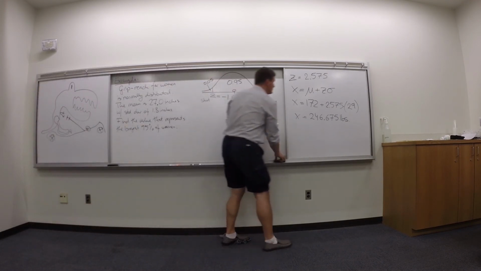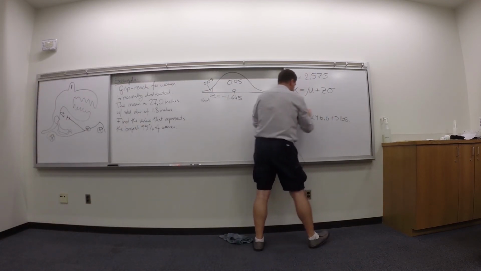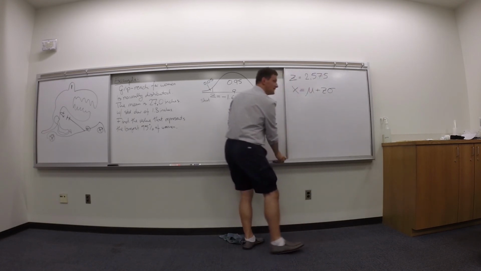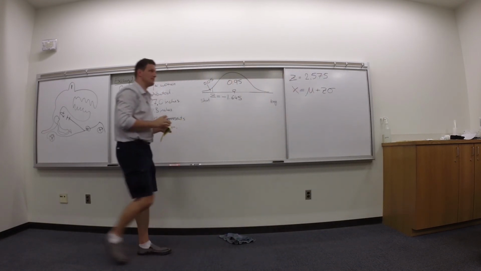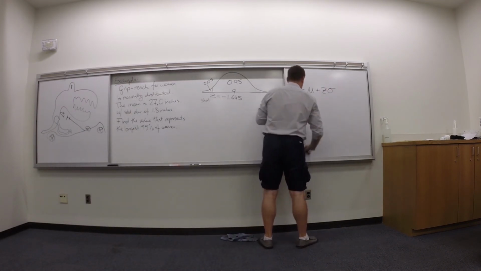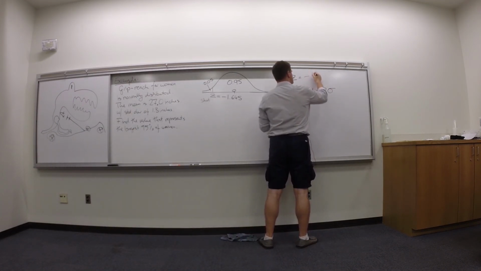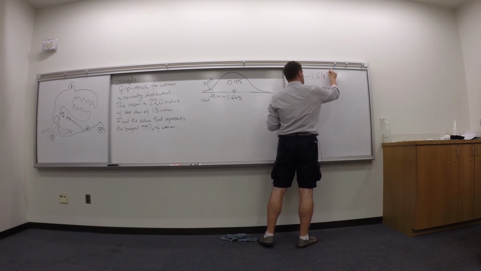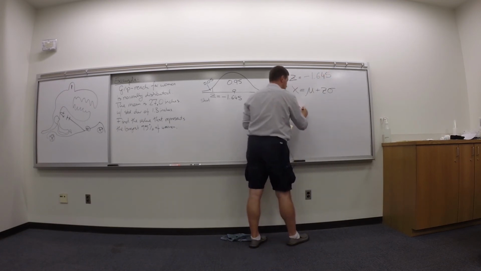Well, next we're going to use, I'm going to be lazy. I'm just going to erase those two lines. I'm going to use this. Well, z-score changed. Too lazy. So what do we get?